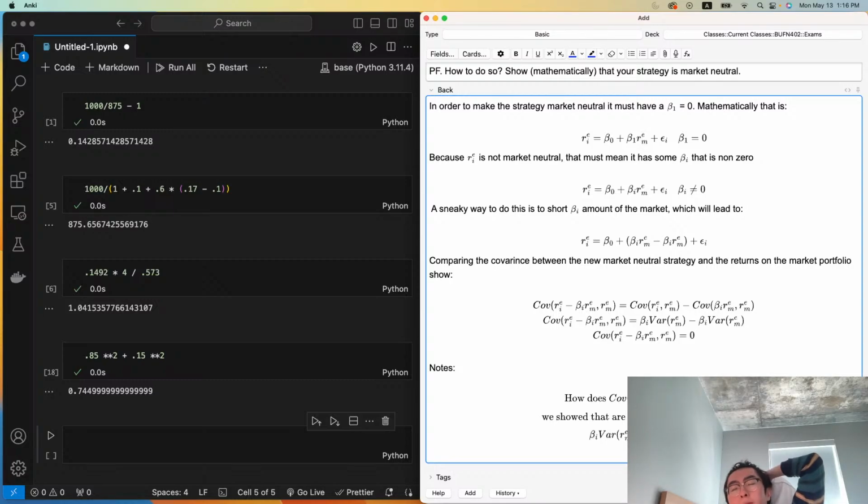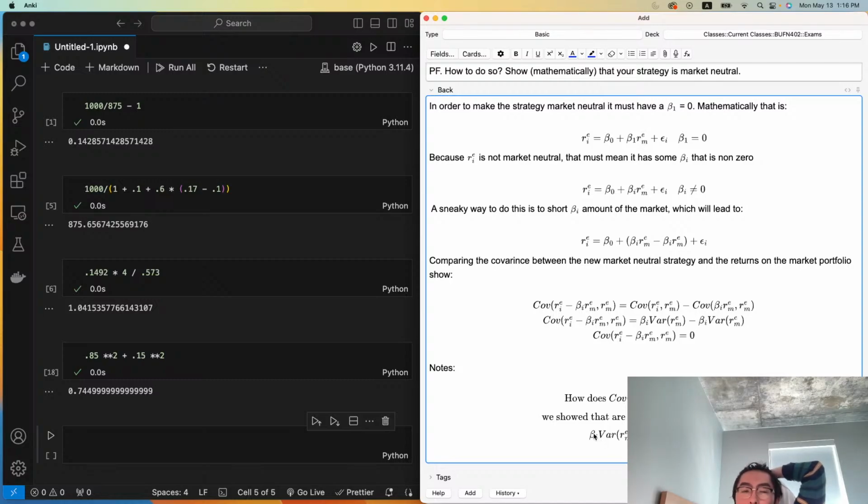So what does this show us? As our strategy return moves in one direction, the market portfolio tends to move by beta_i times the variance of the market.